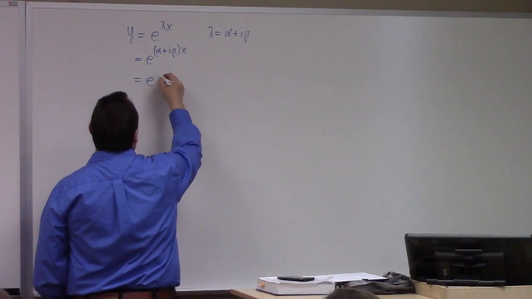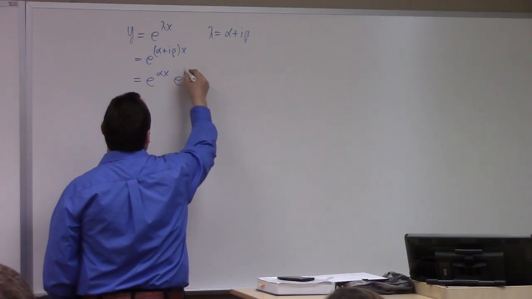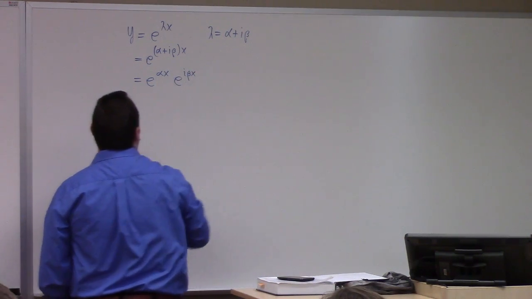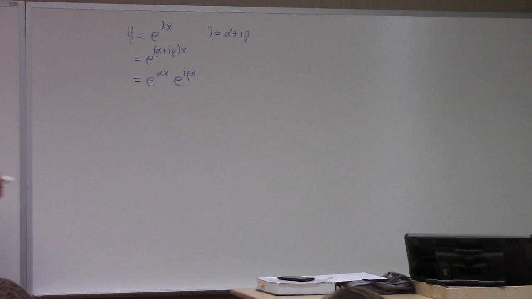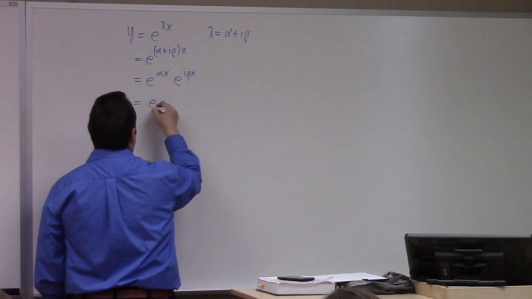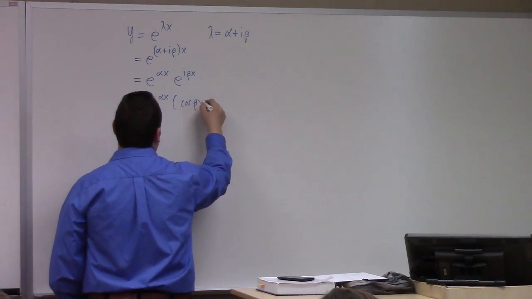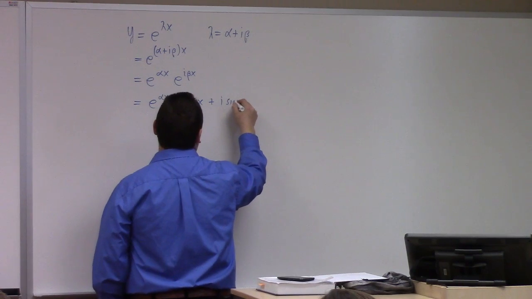This is e to the alpha x times e to the i beta x. That is how we define e to the lambda x, given that we already know what e to the i beta x is, right? If you don't like that, you could take the definition to be the next line. The definition is e to the alpha x times cosine beta x plus i sine beta x.